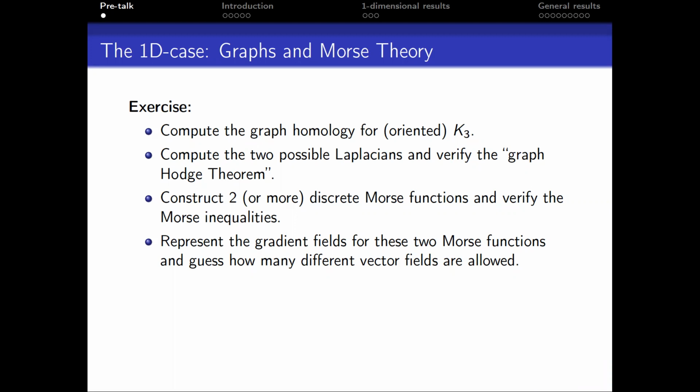In my understanding, what Forman did is he wanted to have a discrete version of the Morse complex that appears in differential topology, mimicking the whole construction of Morse, like defining the Morse complex in a similar way with critical cells.